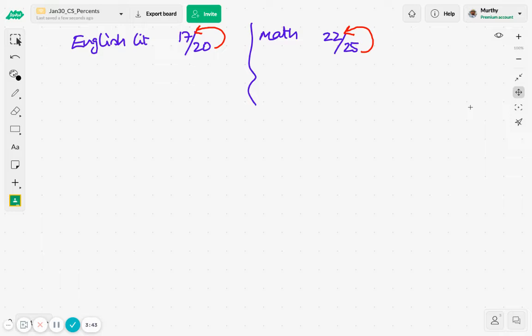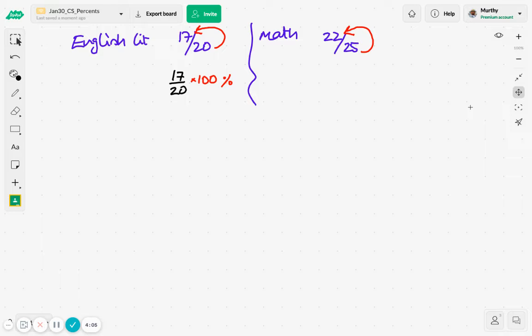So let's check. In my previous class, I discussed with you that if there is a fraction, in order to convert this one into a percentage, you have to multiply the given fraction by 100 and then put the percentage symbol.